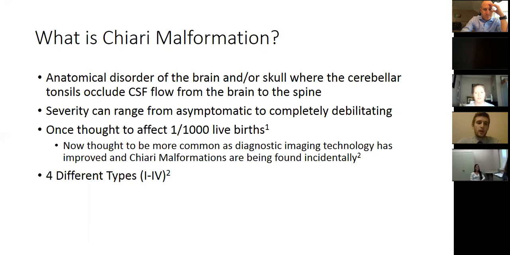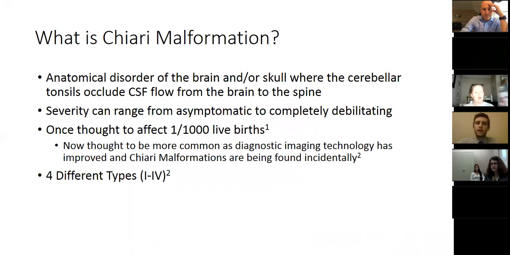It's basically an anatomical disorder of the brain and sometimes the skull where the cerebellar tonsils occlude CSF flow from the brain to the spine. The cerebellar tonsils are two small projections, one on the right, one on the left, extending downward from the cerebellum through the foramen magnum, which is the opening in the bottom of the skull where the brainstem exits.